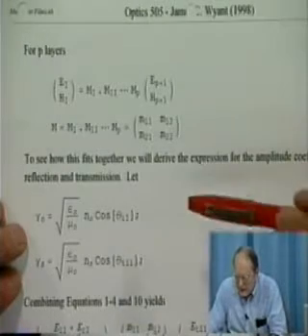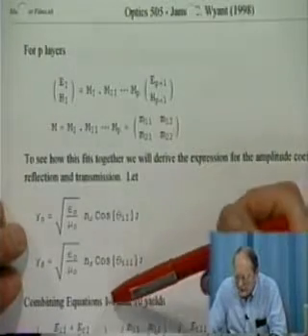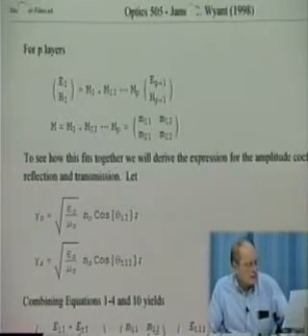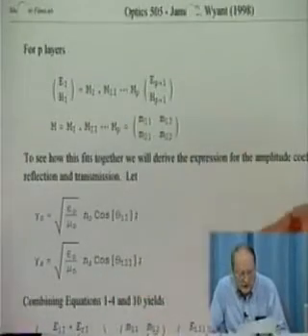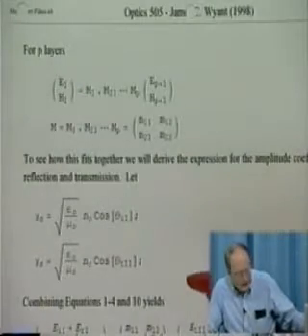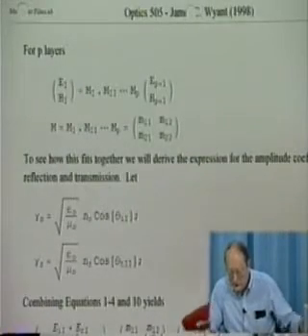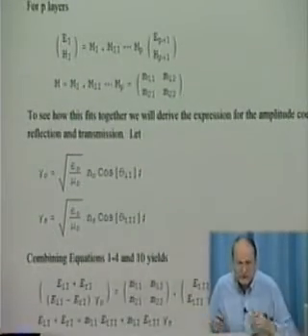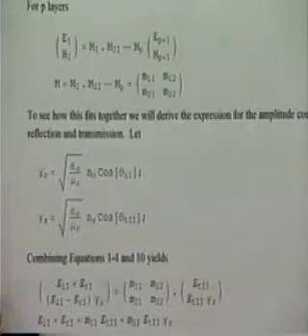And then we go back and we combine equations 1 through 4 and 10. So that was the boundary conditions, and just a little matrix here. And we end up, and the interested student will go through all the details, I'm sure. We have lots of interested students here, you can see.